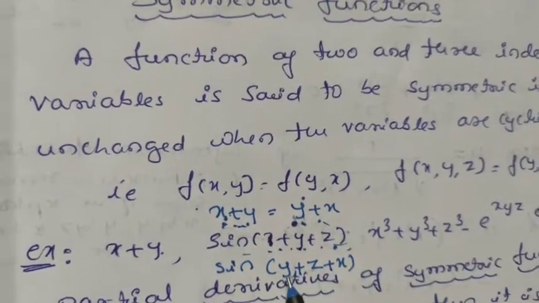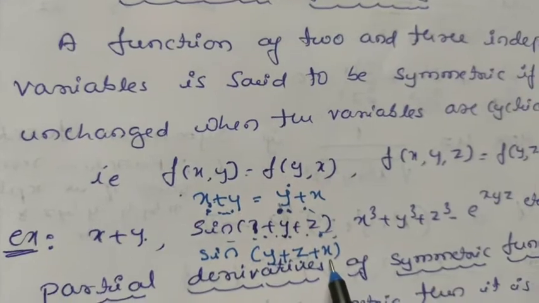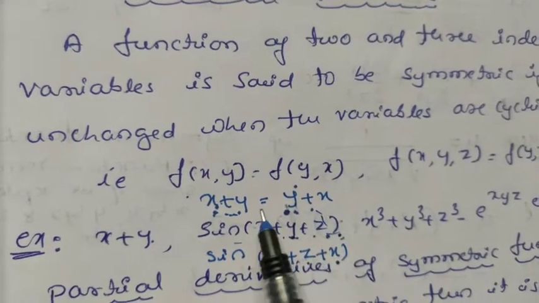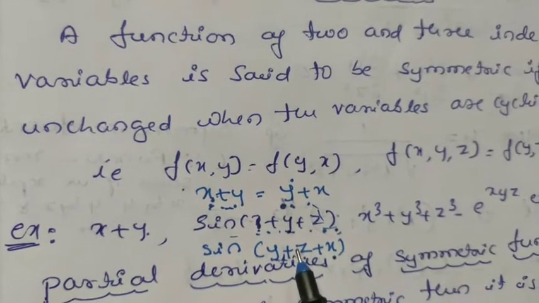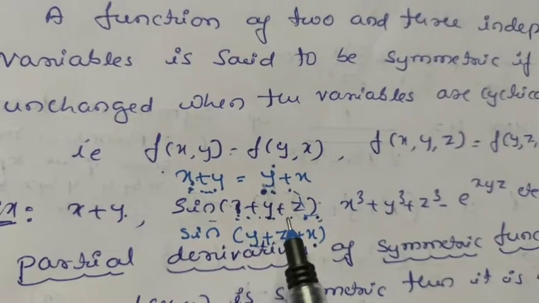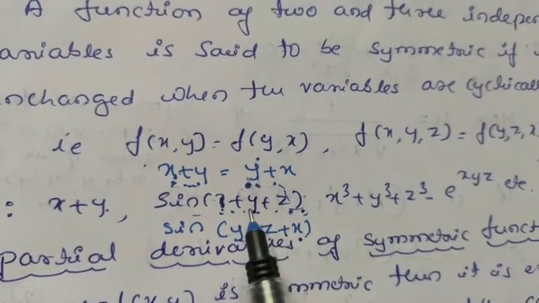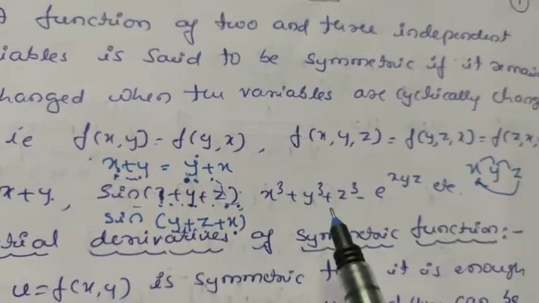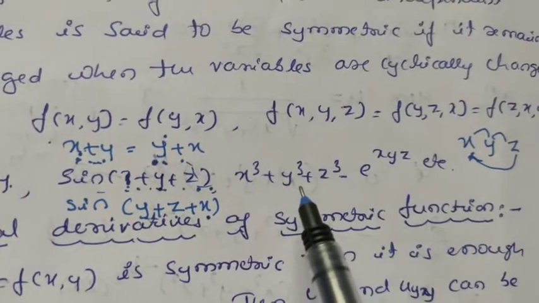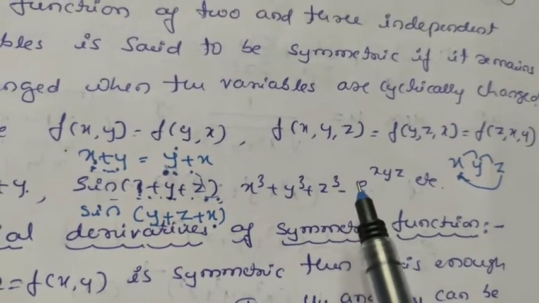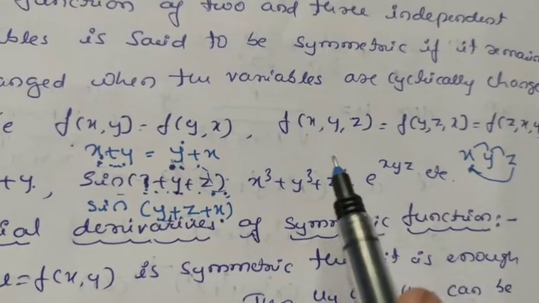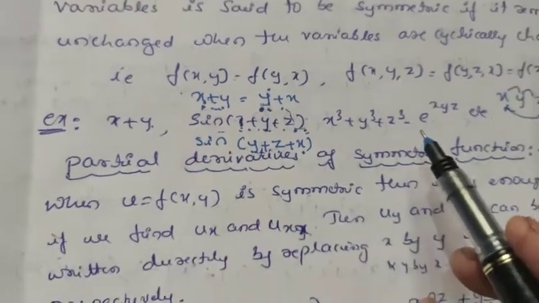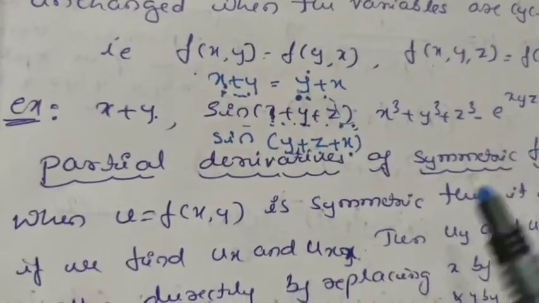So y plus z plus x is the same as x plus y plus z. The function remains the same after interchanging the variables in cyclic order, so such a function is called a symmetric function. Similarly, we have this example also. Here also, if we interchange x, y, z in cyclic order, the function remains the same. So this is the definition of a symmetric function.